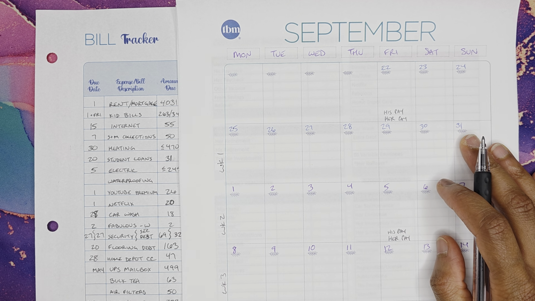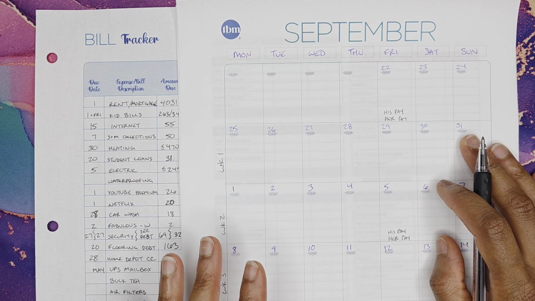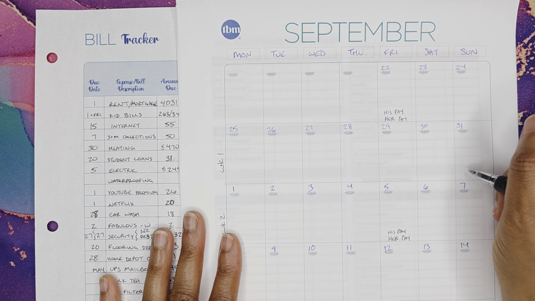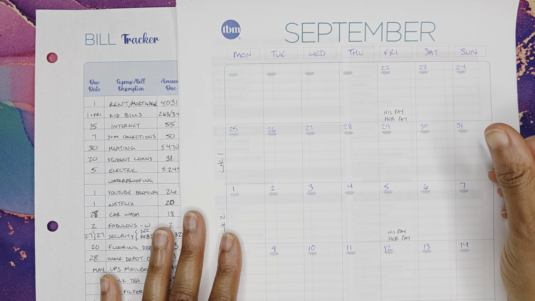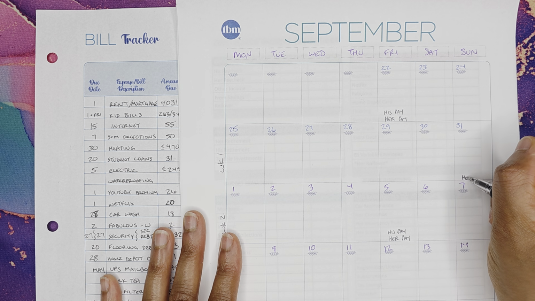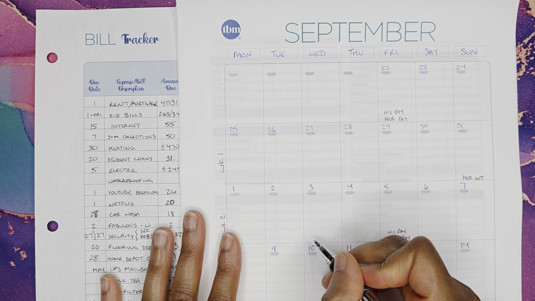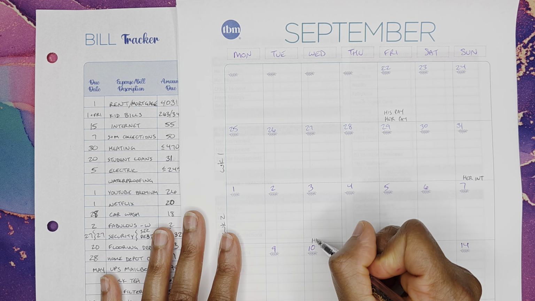Okay, and then also we're going to go with, for savings account interest, for me, I'm going to go with the 31st. So her interest, and then for when it's the 3rd.